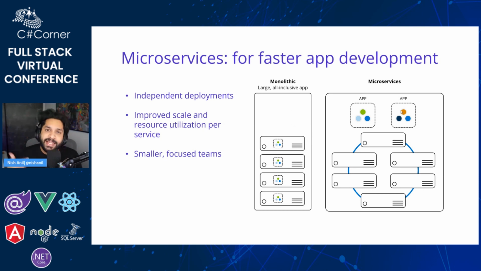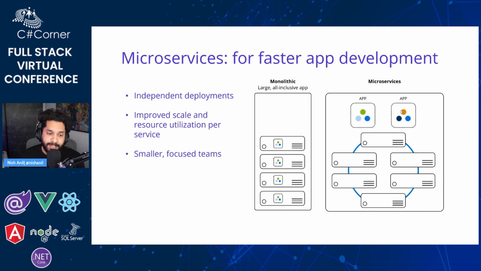Scalability means scaling VMs. The disadvantage with this approach is that sometimes you want to scale only the part of your services that has more traffic, and you don't have that option. You have to scale multiple VMs, leading to low utilization of resources, so you end up spending more cost.